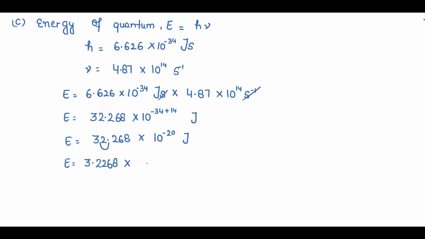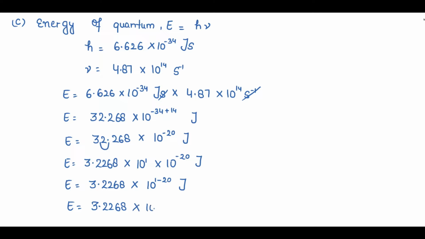I am displacing decimal up to one digit, so it will be 10 raised to power 1 into 10 raised to power minus 20 joule. These two powers are in multiplication, so you can simply add them. So energy of quantum will be 3.2268 into 10 raised to power 1 minus 20, and we will mention unit over here. So E equal to 3.2268 into 10 raised to power minus 19 joule.